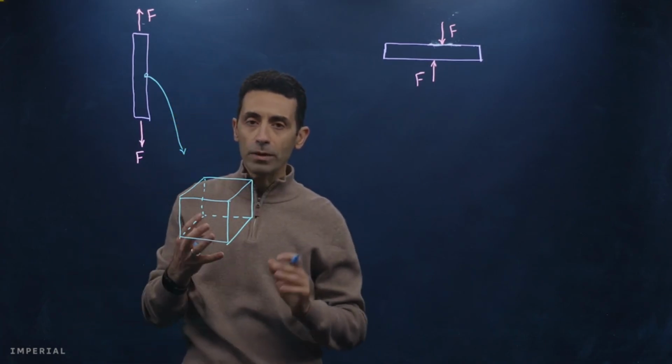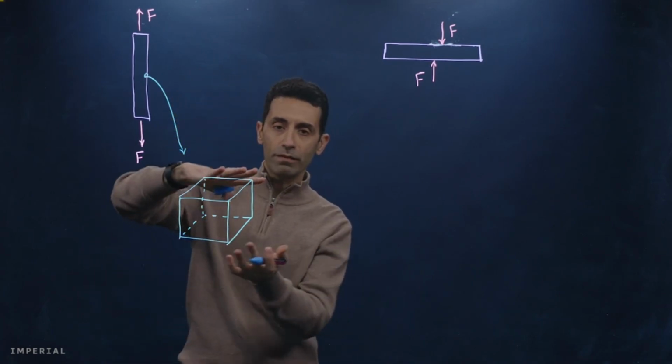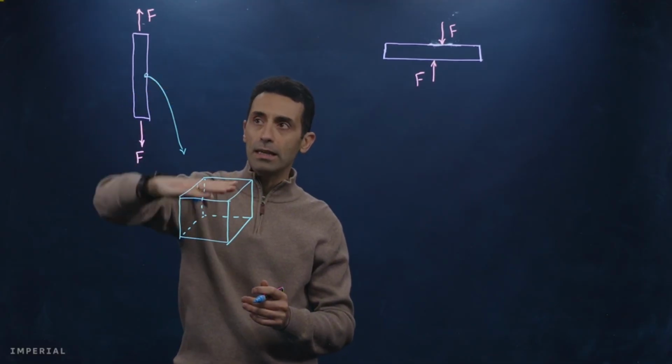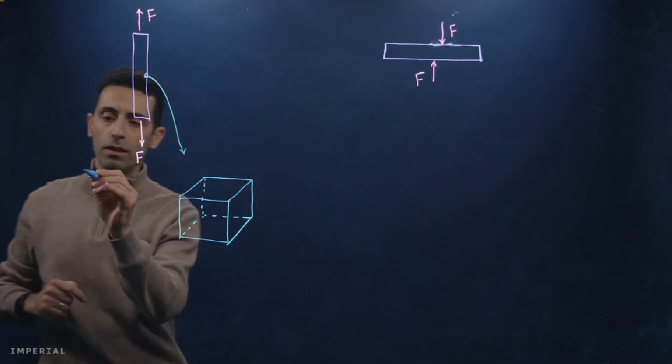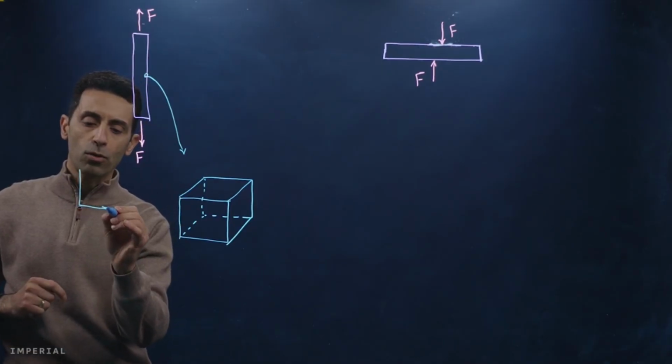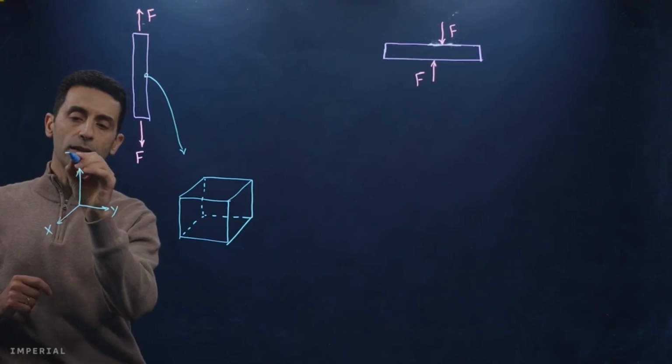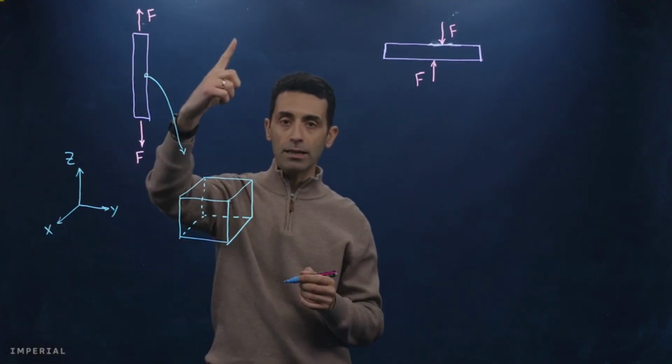Now we can look at different faces of this cube. The force is applied in this direction. If we use our coordinate system x, y, and z, then the force is applied in the z direction.